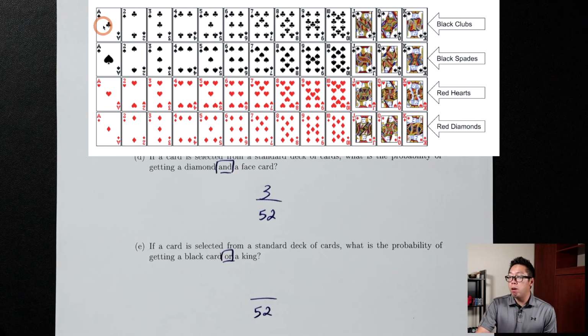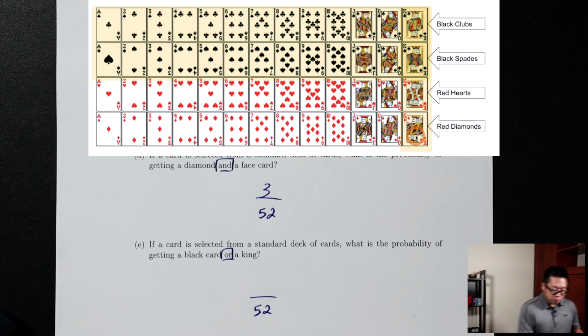Black cards are the first 2 rows together with all the kings, which is the last column. First 2 rows together with the last column. And then remembering not to count anything twice. First 2 rows, so that's 13 plus another 13, that's 26, 27, 28. So 28 cards.